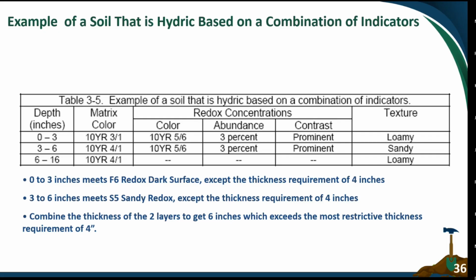Then we have a layer from 3 to 6 inches that meets the S5 sandy redox indicator, except it does not meet the thickness requirement of 4 inches. But if we combine both layers, we now have 6 inches of material that meets 2 different indicators. The most restrictive thickness requirement was 4 inches. We have exceeded that, and we would now meet an indicator.